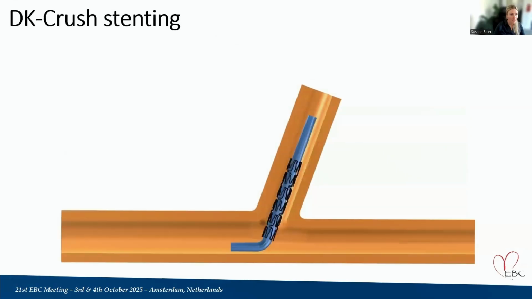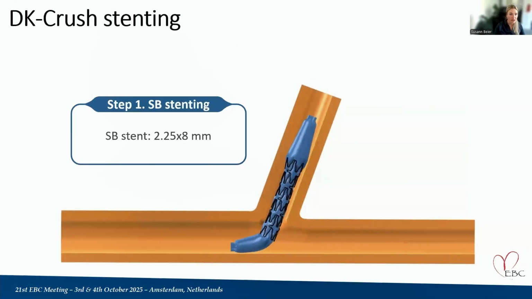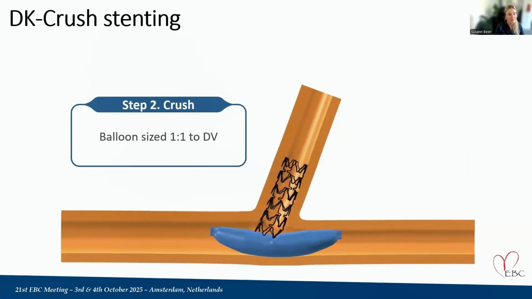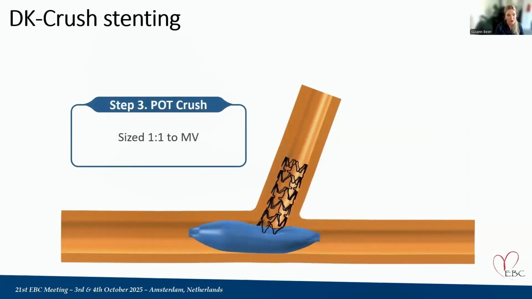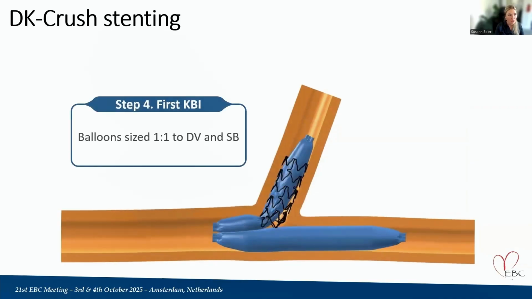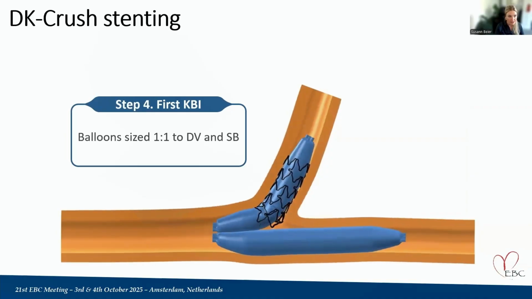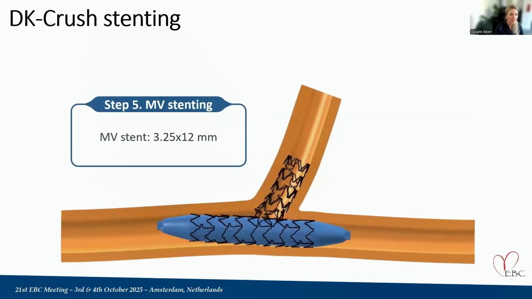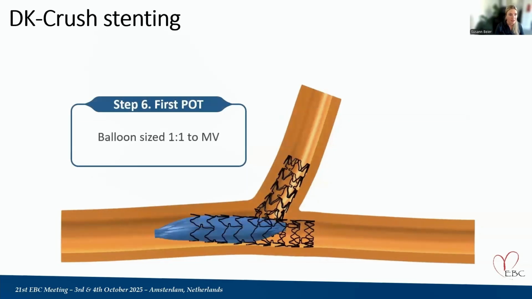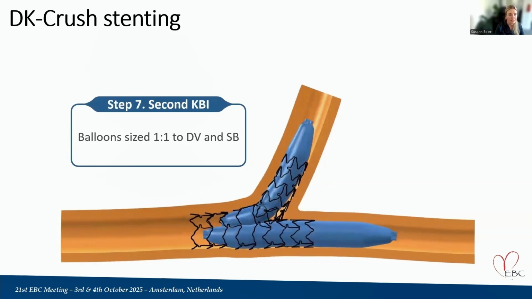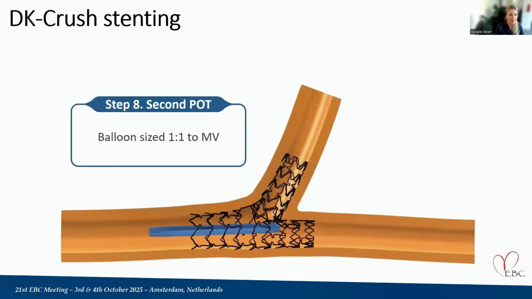This compared to the DK crush technique, where we start with the side branch stent and have two stents deployed over the course of many different stent deployment and sizing adjustments, as you're all familiar with, including the first kissing balloon inflation, again here now implanting the main vessel stent, and then followed by POT. Another second kissing balloon, and the final POT, as you can see here.